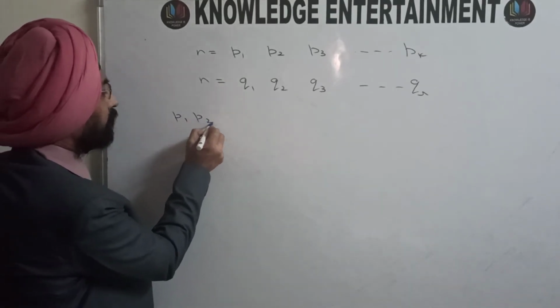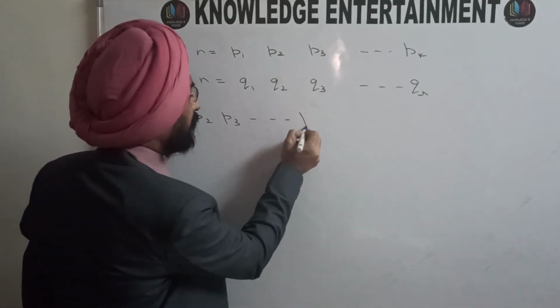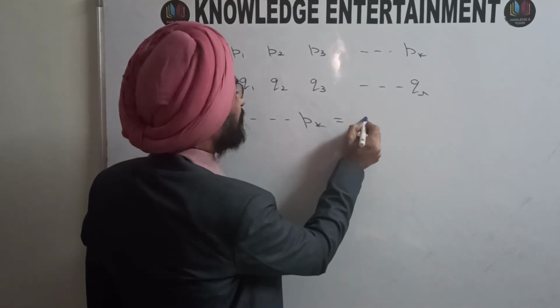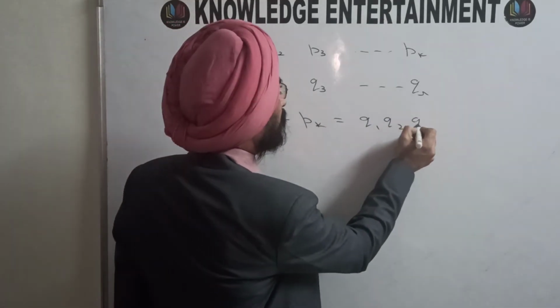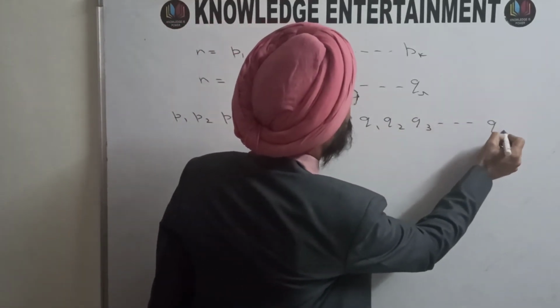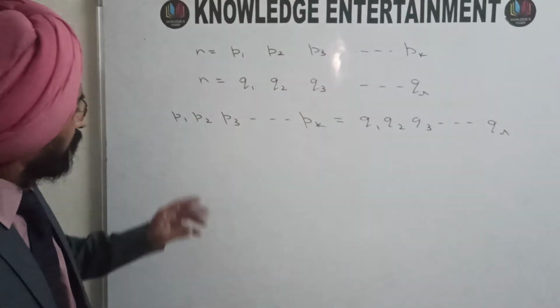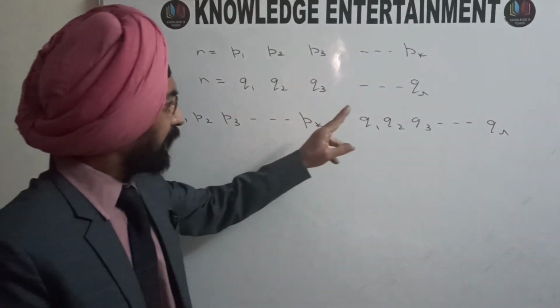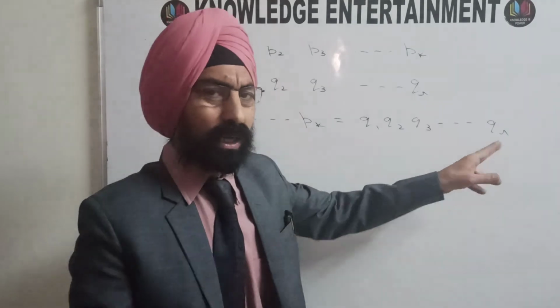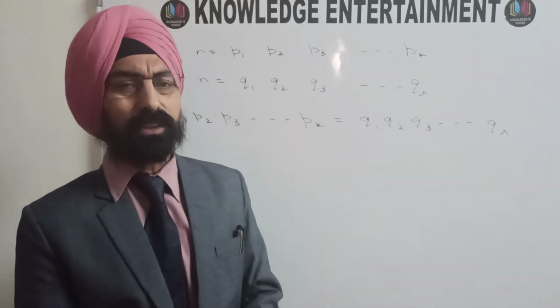p1, p2, p3, up to pk is the same as q1, q2, q3, up to qr, where p1 to pk and q1 to qr are all primes, and they may not be different.